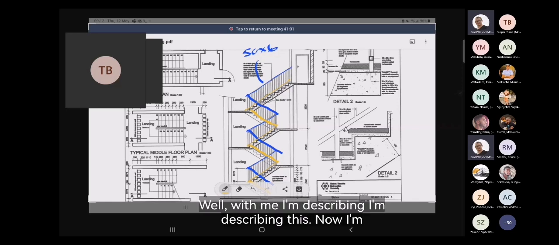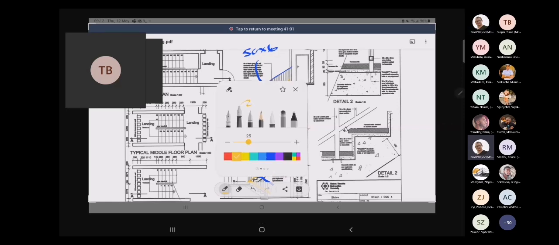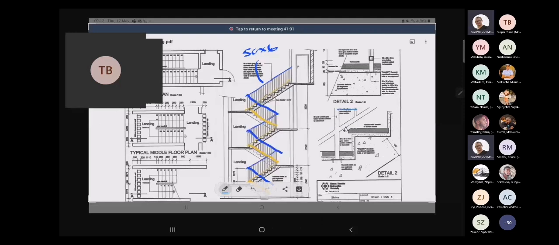All with me? I'm describing these balustrades now. And all of those are welded between the balusters. Get to the balusters now. The balusters we'd find would be what we see there.